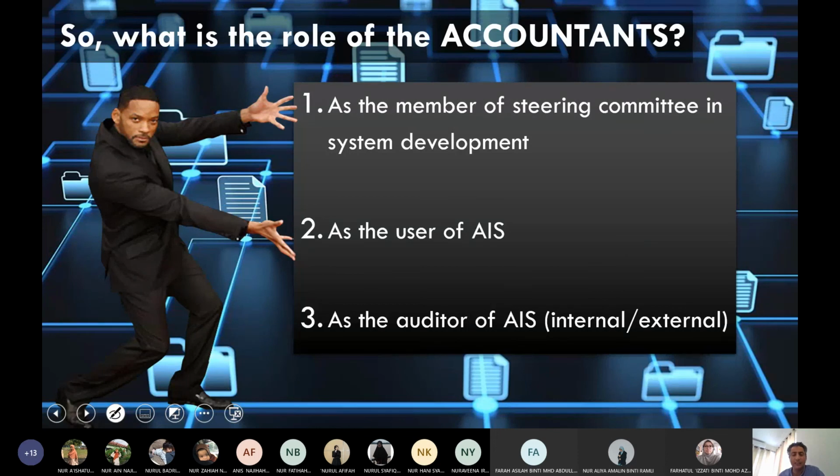The second role is as a user of the accounting information system, which means users key in data and also acquire reports and generate information from the accounting information system. The third role is as an auditor for the accounting information system, either internally or externally.